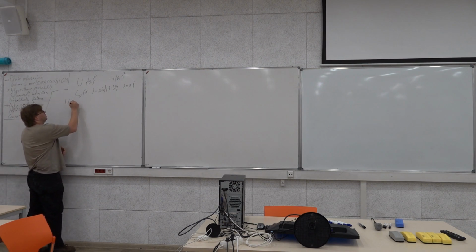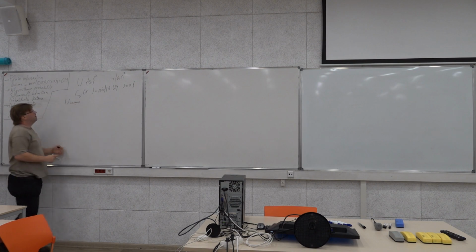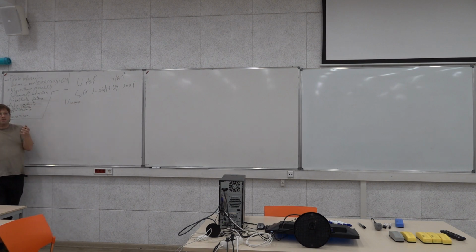So what does it mean? U is universal if it can simulate any other machine, if you prepend a description of the other machine to the program.